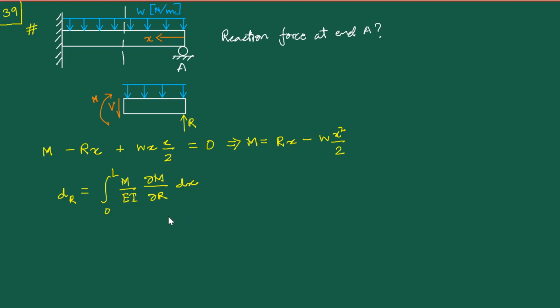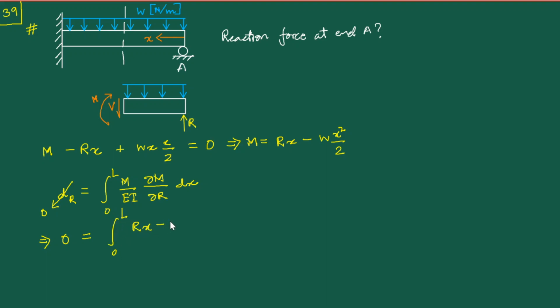Now please note that earlier, when we had artificially introduced the fictitious force, we had evaluated this entire integral for the value of the fictitious force equal to 0. But now we don't have any knowledge about this right hand side, but we do have the knowledge about the left hand side, as we had mentioned earlier, that this delta R is actually equal to 0, because this delta R is the deflection at this end A. Okay, that is equal to 0. So we evaluate this integral.